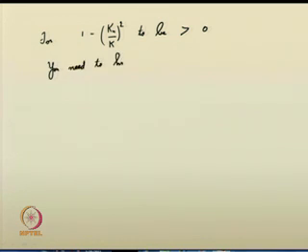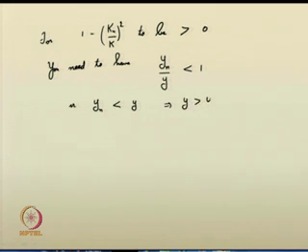You need to have the normal depth yn by y less than 1. Then only this entire quantity can be greater than 0, or your normal depth should be less than the depth of the flow. This is one criterion, or you can suggest y greater than yn.